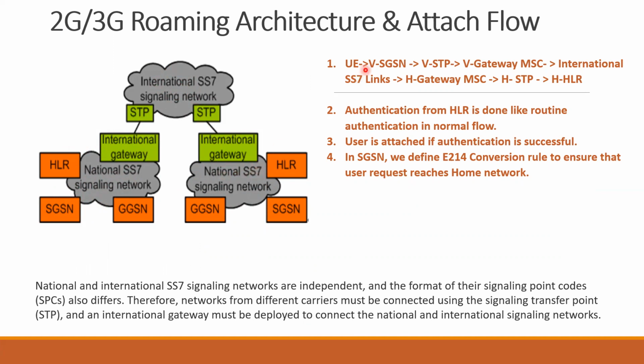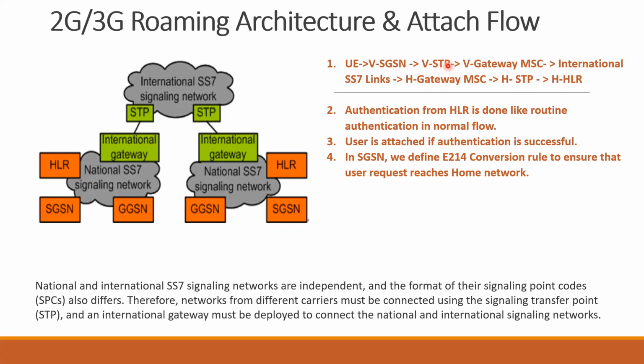The attach flow is quite simple and it's similar to your local attach flow. The only thing is that a UE is going to send an attach request to the visitor SGSN. The visitor SGSN will have its configurations, which are going to route it towards the visitor STP.